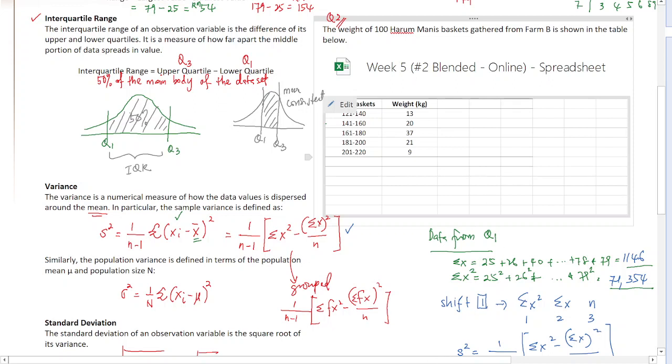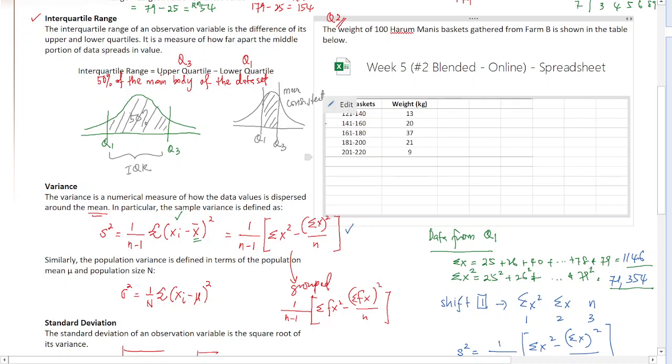So apa yang perlu anda buat untuk group dataset. So for group dataset, you have this kind of situation. So you have this data. Okay, you have the weight of 100 harum manis baskets created from farm B shown in the table below. So you have this table, and then you have the group of baskets, so ada 131 to 140, 141 to 160, and also 13, 20, and the frequency.